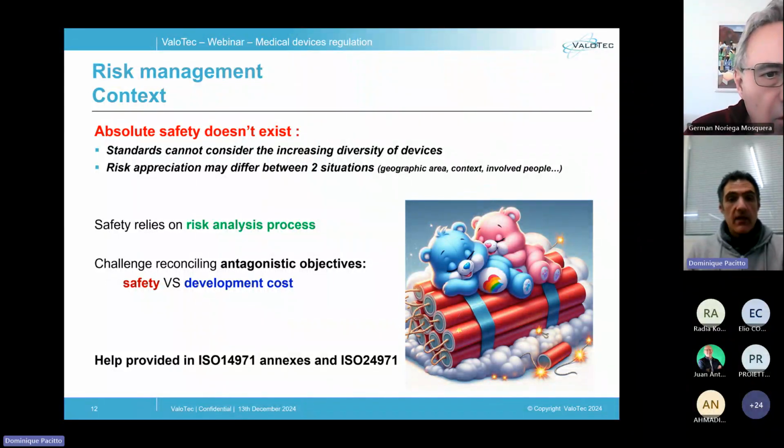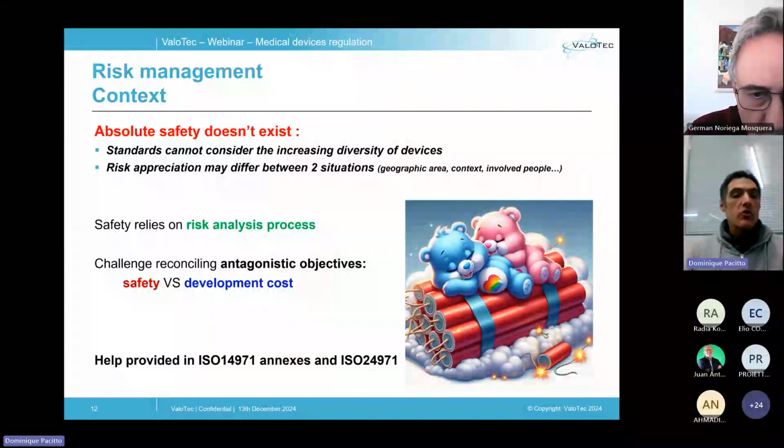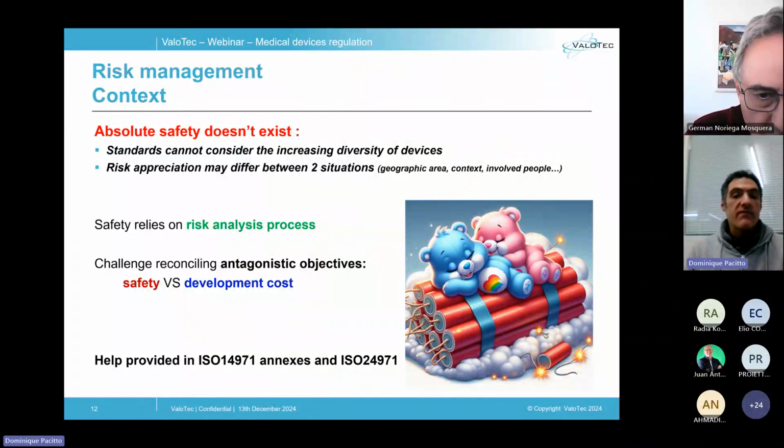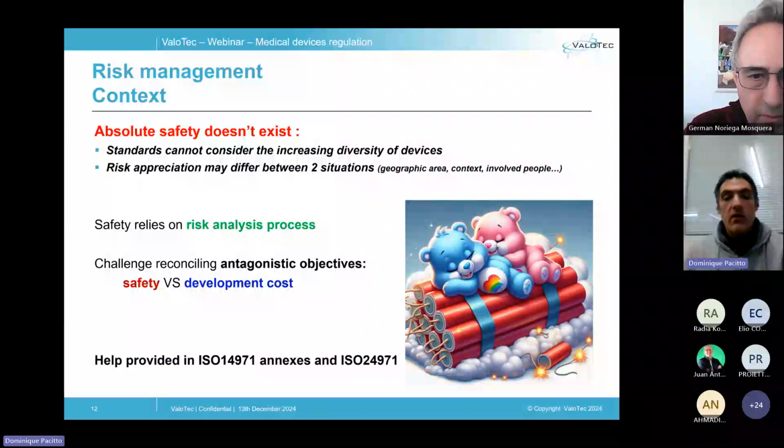In this context, the risk management is widely used in the industry, of which the medical sector, in addition to the technical standards to prevent damages on the users. It is understood that an absolute safety doesn't exist because no one can foresee all the diversity of innovative devices, anticipate all the possible situations, or predict all the combinations of the possible events.